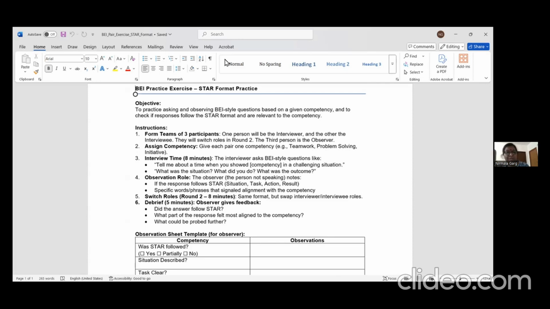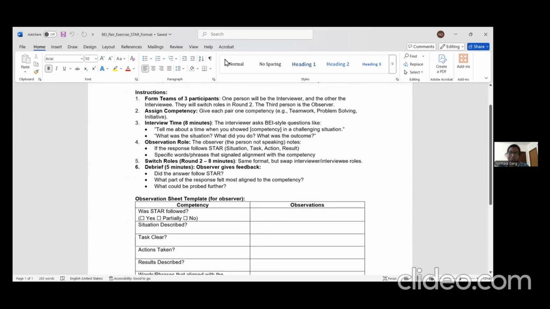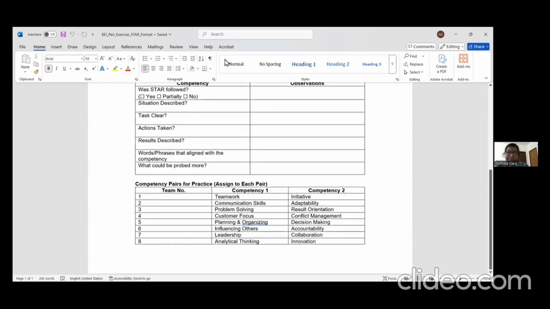We'll have observers, an interviewer, and an interviewee. Since we have 4, 2 observers, and after that round, the observer will become the interviewer again. And 1 more competency: all that you need to do now is take 1 competency from here.